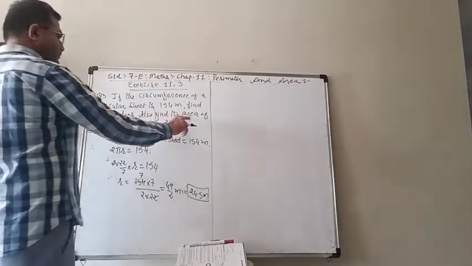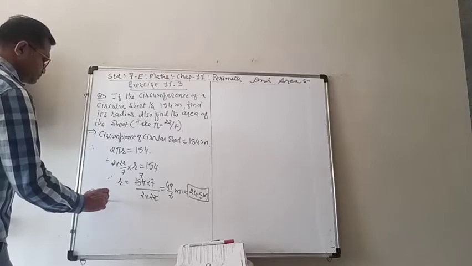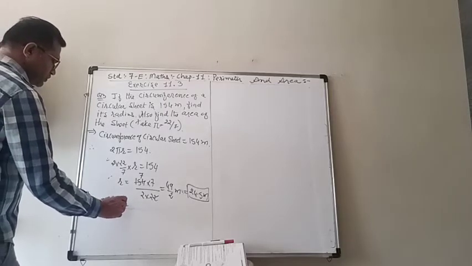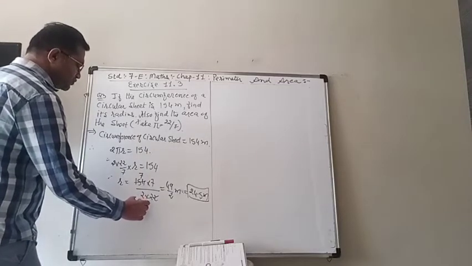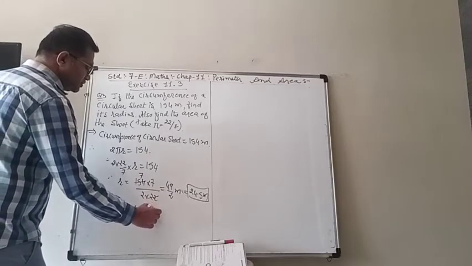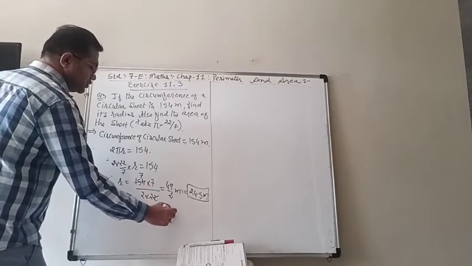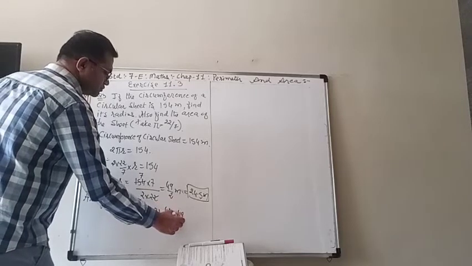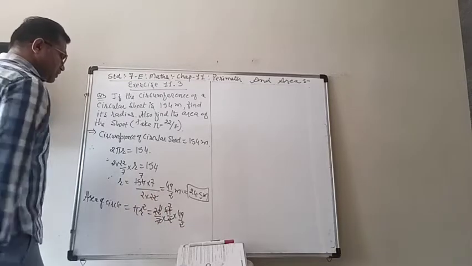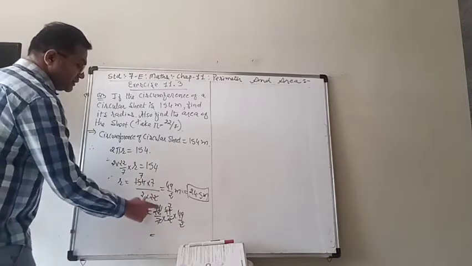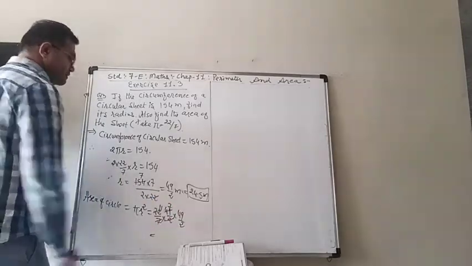Now from the radius we have to find the area also. So now area of circle. We need the formula. What is the formula? Pi r square. That is 22 upon 7 into r square. You can take this one as r, so it is easier to cancel. 7 sevens are 49, 2 11s are 22. That is 11 multiplied by 7 multiplied by 49 divided by 2.